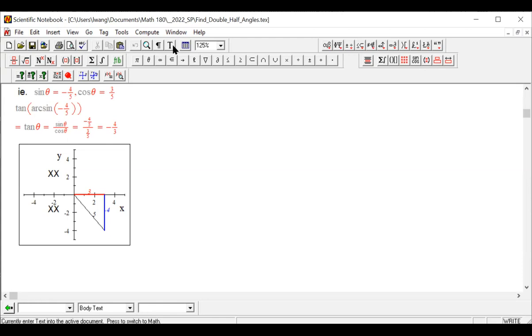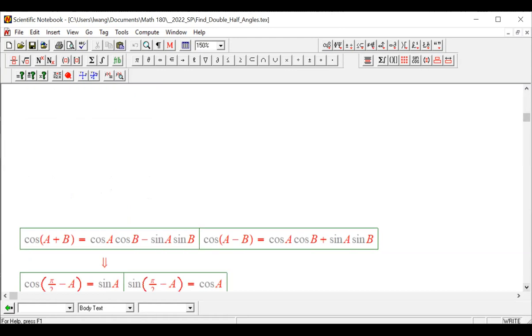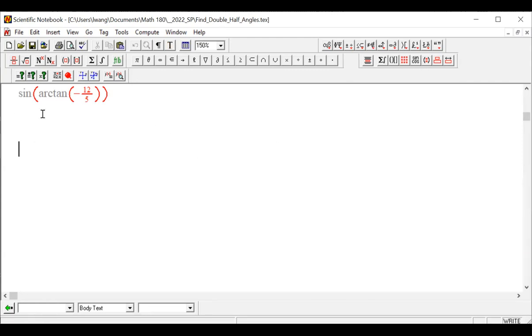We want to find the exact value for arctan of -12/5. So that's the question. Okay, make the fonts a bit larger. Here we go. We want to express the exact value.